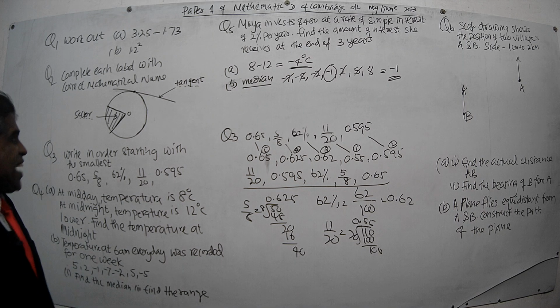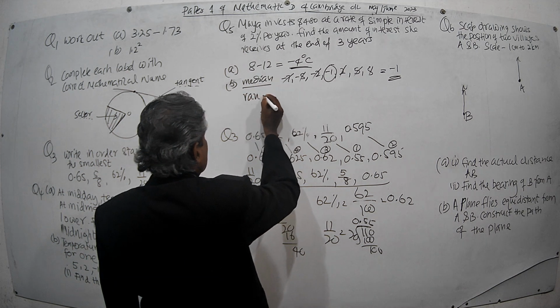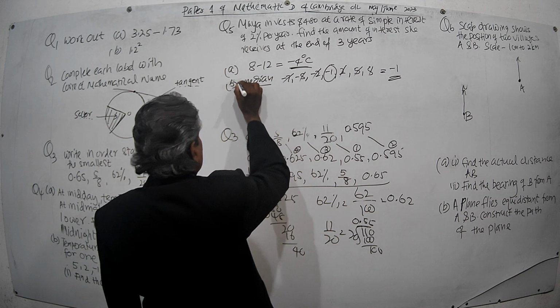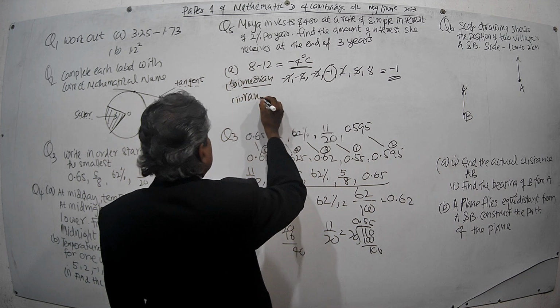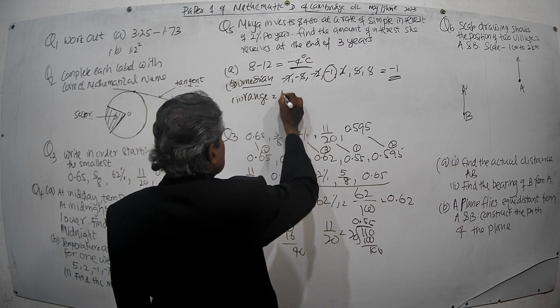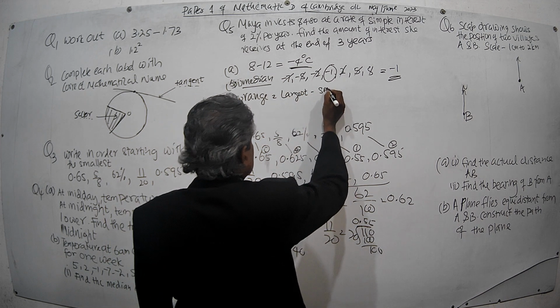Next one, find the range. What is range? Range equals largest value minus smallest value.